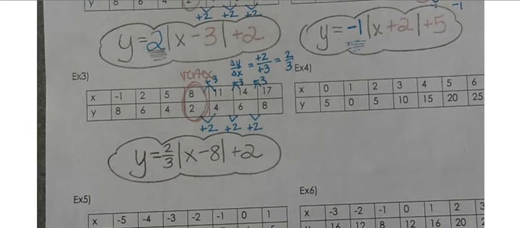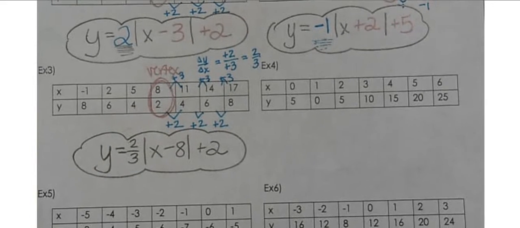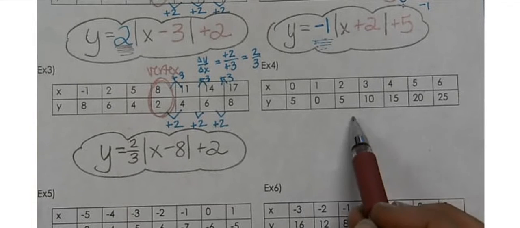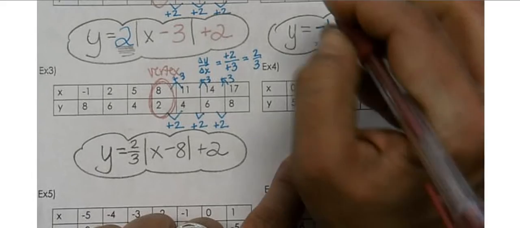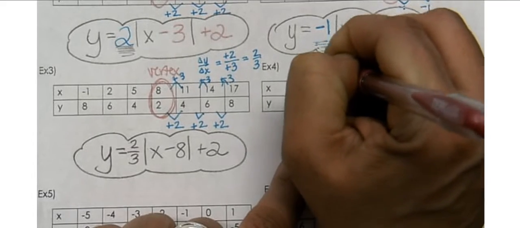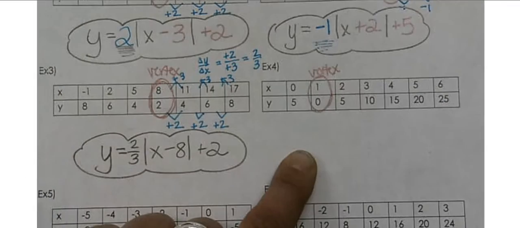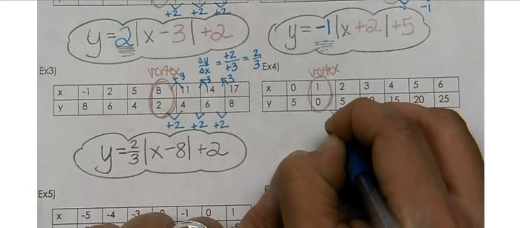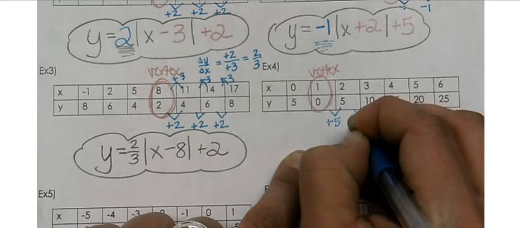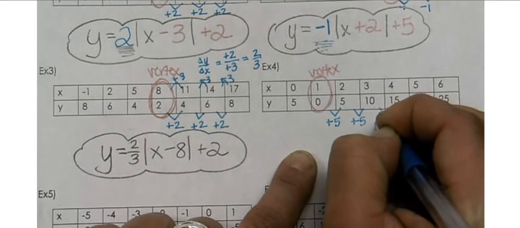One more, example 4. Where do you see symmetry? I see it right away here with 1, 0. Here's our vertex. And now let's look to see the change in y over change in x. My y is going up by 5 pretty consistently.